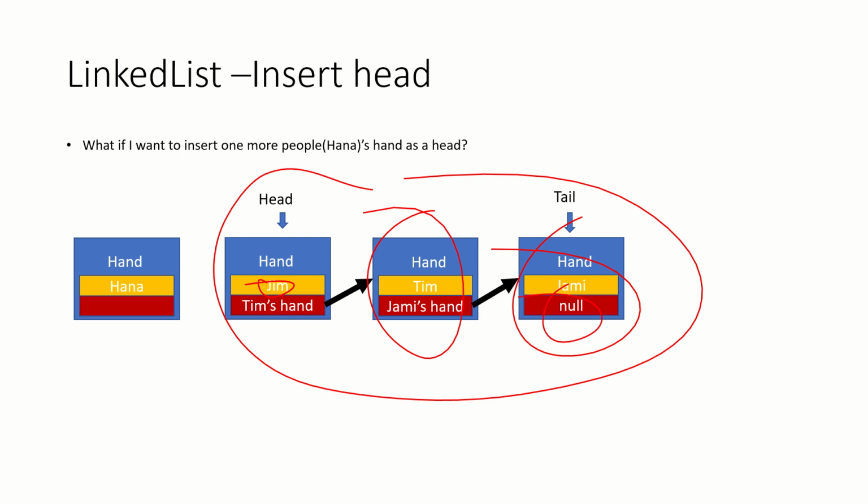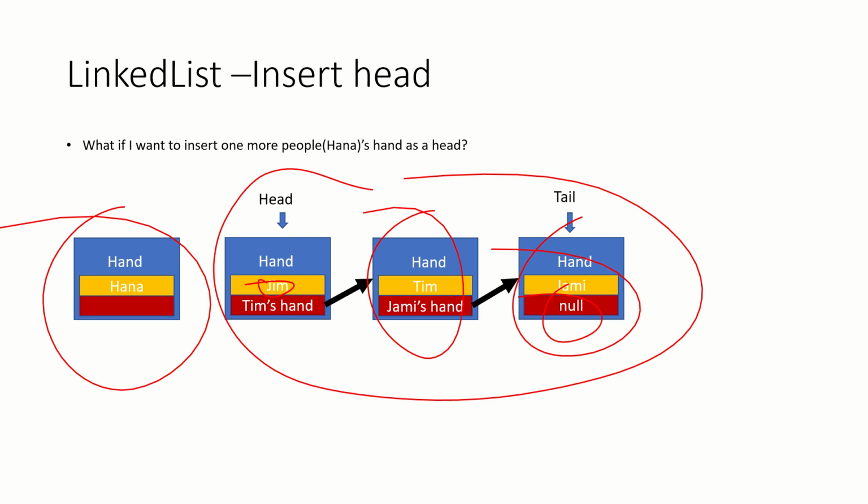Right? So if we want to insert one more hand as a head, what do we need to do? We just create a new one, right? And give a name for this one. Okay, maybe Hannah. Once we have Hannah, we need to tell Hannah whose hand will be next, right? Obviously, we want Hannah to be the head.